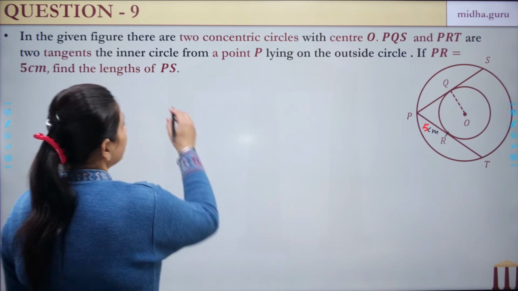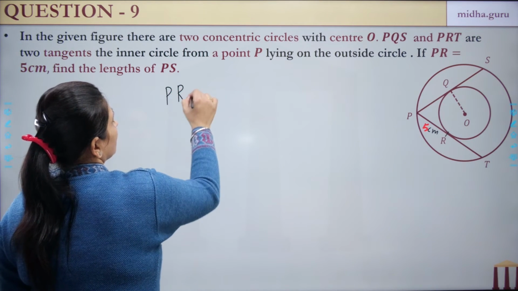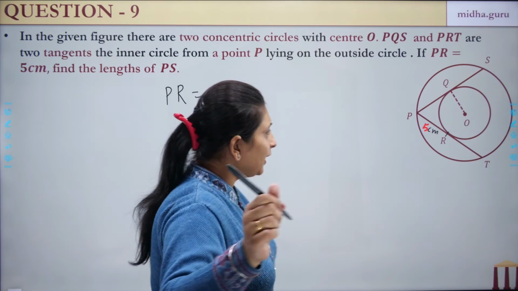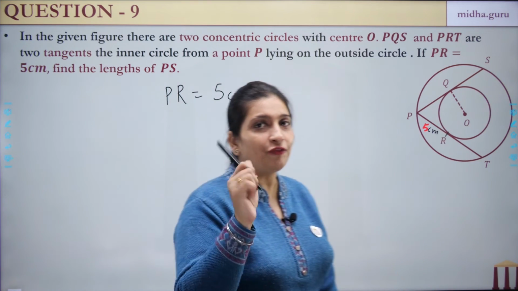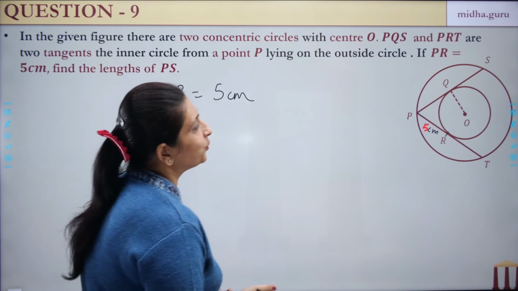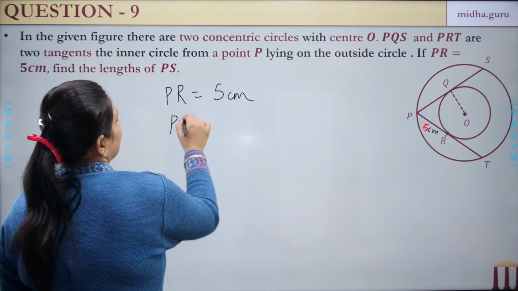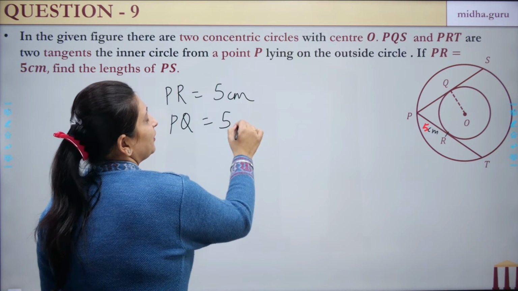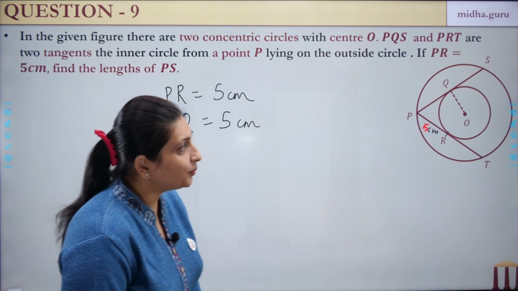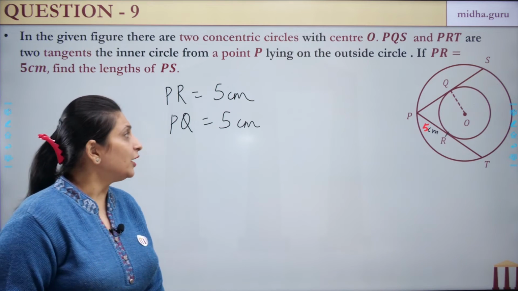If PR is 5 centimeter, just tell me what will be the length of PQ. Come on, my champions, what will be the length of PQ? Yes, it will be 5 centimeter, as PR and PQ are tangents to the circle. So the length will be equal.